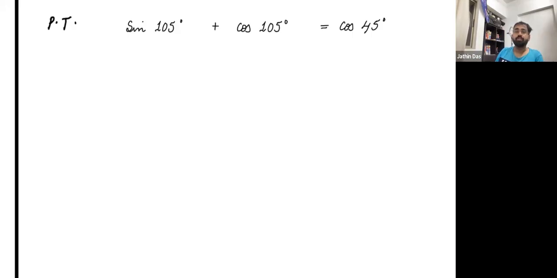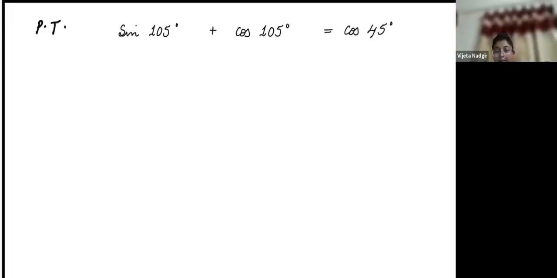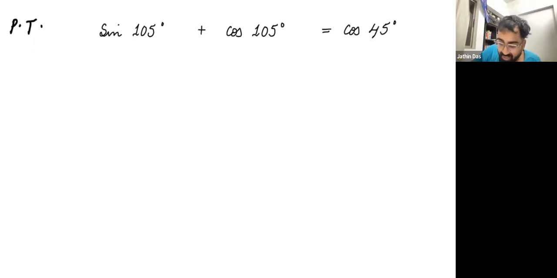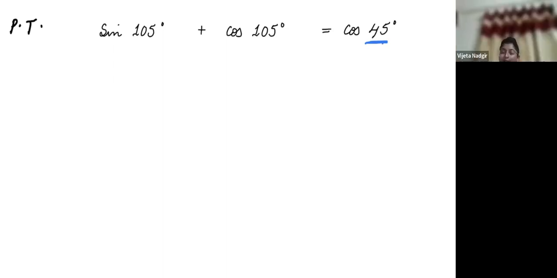So how will you split this first of all? 90 plus 15 will come, right. I'm not getting 45. Look, I need 45. So how should you split? 120 minus, sorry, 180 minus. Not with 180.